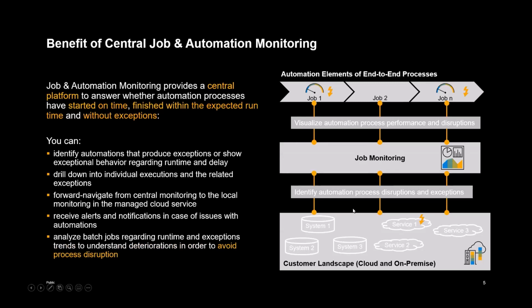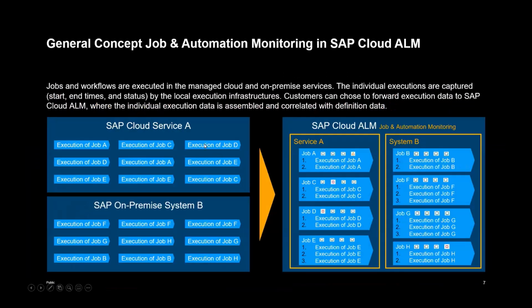And it is following the following principle. We are trying to collect all job executions from the different cloud services. This is a little bit subject to the service type. For the ABAP-based service types, we are really collecting it all. For other service types like SAP Build Process Automation or SAP Intelligent Robotic Process Automation, which jobs are monitored can be decided by the customer.